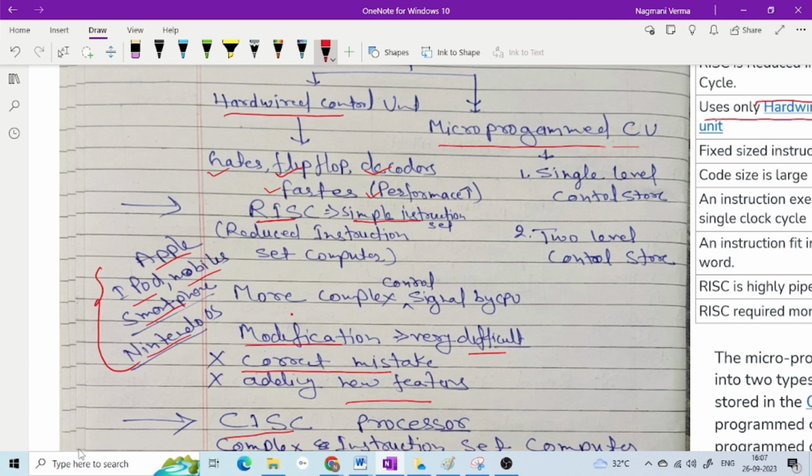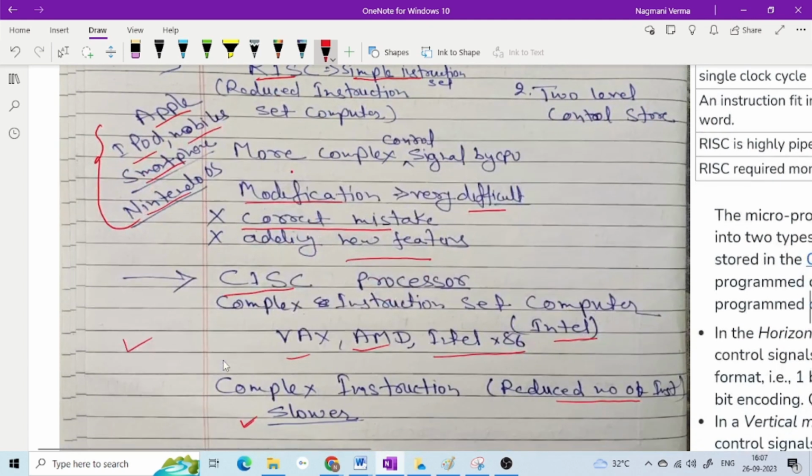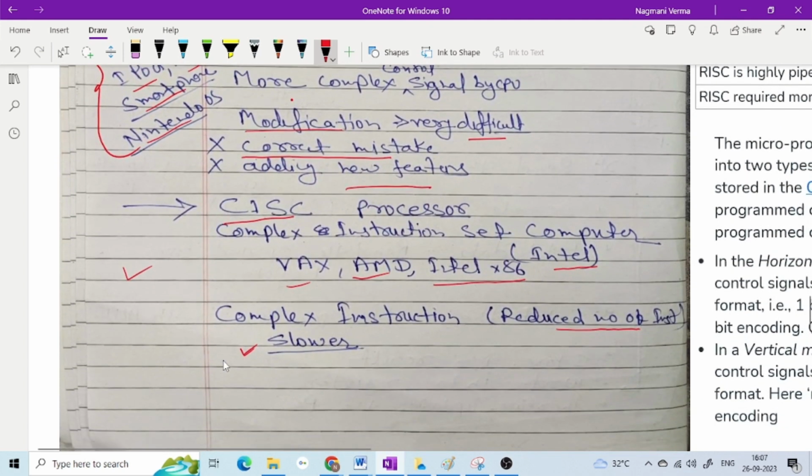Okay, now let's talk about the microprogram control unit. There are two types of microprogram. Before going there, let's discuss CISC. CISC was invented by Intel, and is used in AMD, Intel and VAX. The instructions are complex, so it is slower, but it reduces the number of instructions.